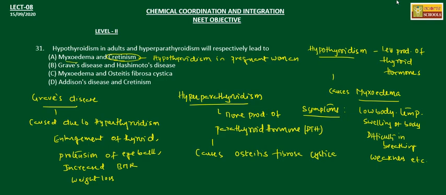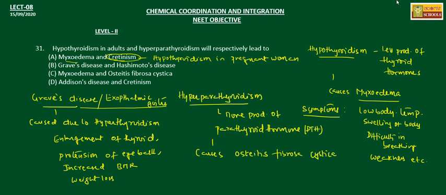This Graves' disease is also called exophthalmic goiter. Graves' disease is because of hyperthyroidism, so hence the B option, we cannot take it.